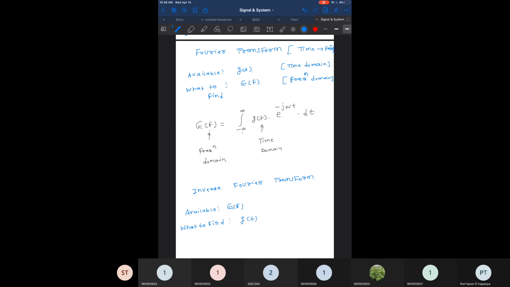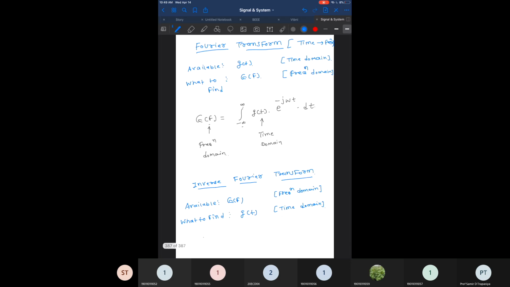So it is totally the reverse process of the Fourier transform. In a Fourier transform, we have g of t available, and we find g of f. In inverse Fourier transform, we have g of f available, and we are going to find g of t. So that means the frequency domain version of the signal is available, and we are interested to find the time domain version of the signal. This we are interested to find.